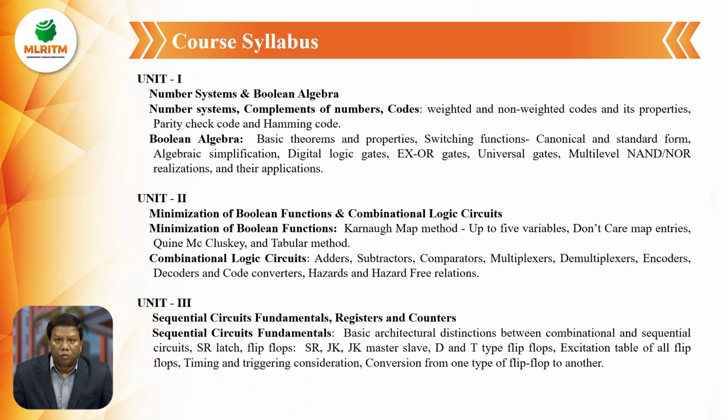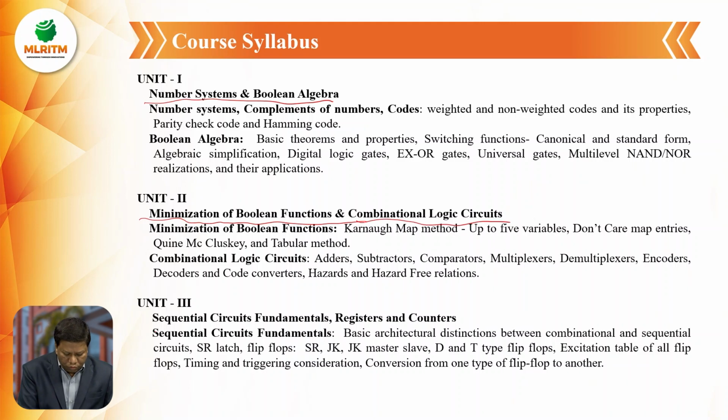Here is the syllabus of digital electronics. It consists of 5 modules. First is number systems and Boolean algebra. The second unit consists of minimization of Boolean functions and combinational logic circuits.